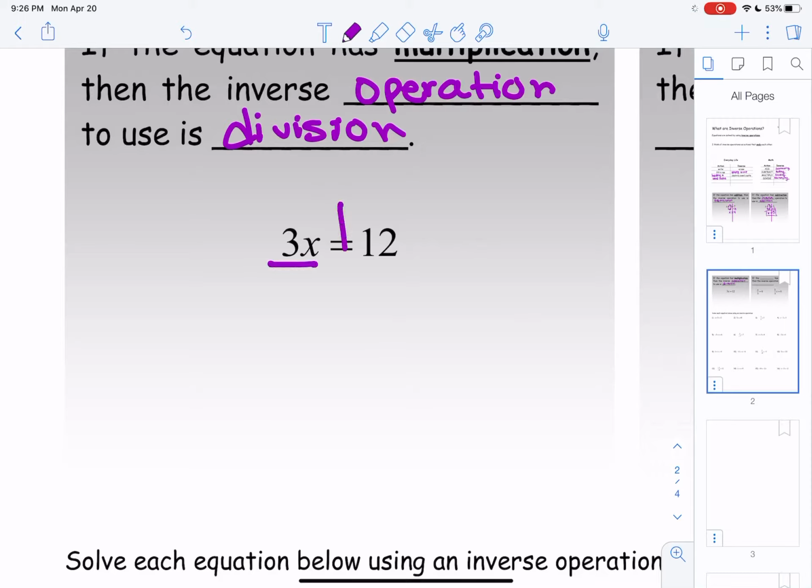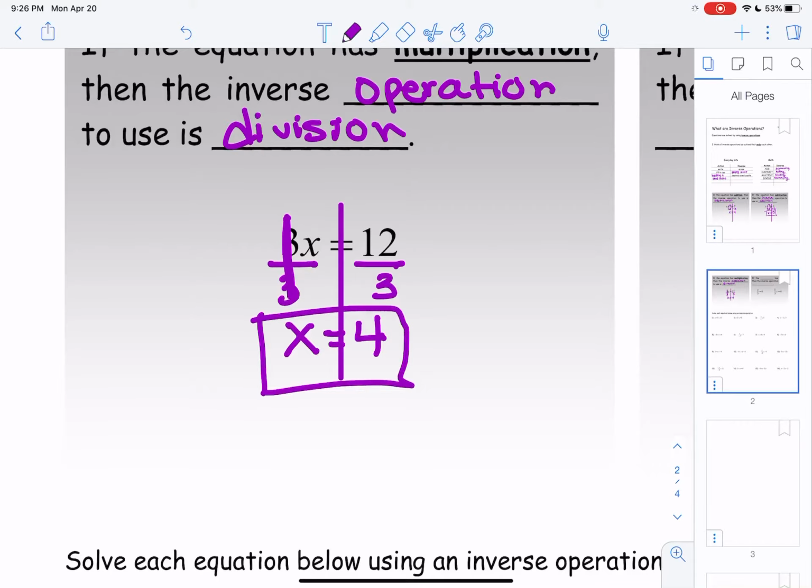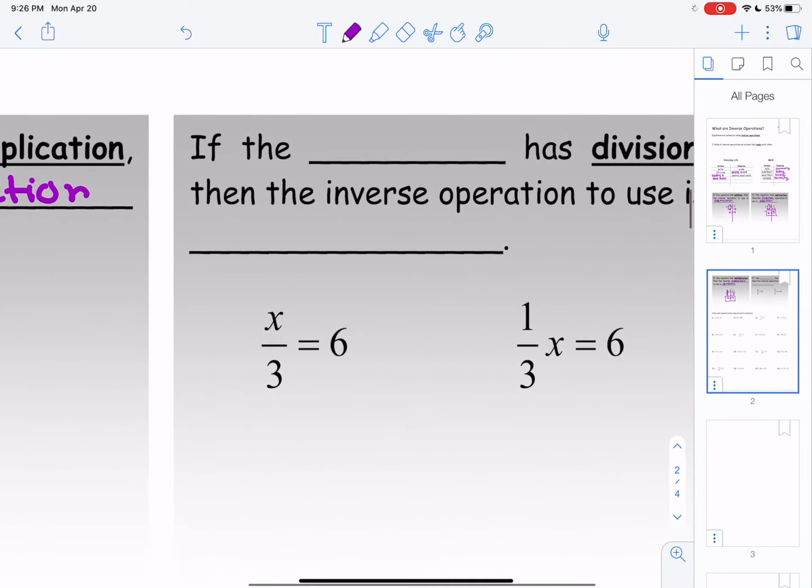I'm going to divide both sides by 3. 3 divided by 3 is 1. So I get 1x, or just x, equals 12 divided by 3 is 4. So x equals 4.